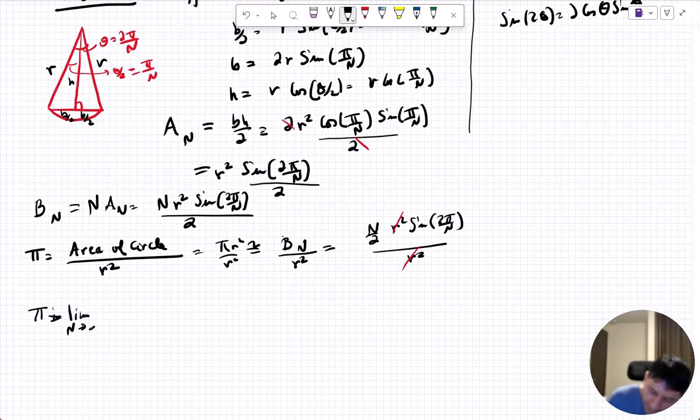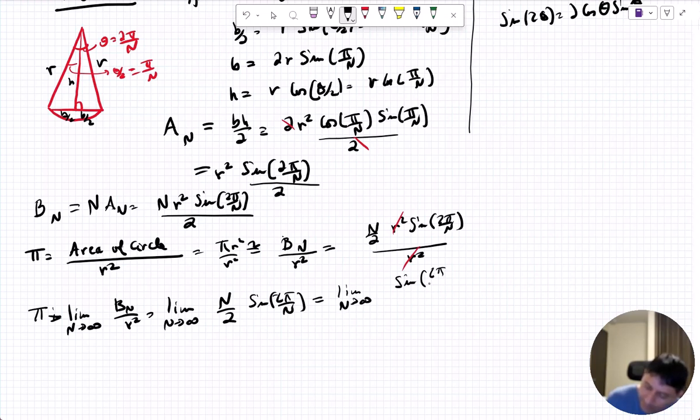as capital N goes to infinity of bn over r squared, which is equal to the limit as capital N goes to infinity of n over 2 times sine of 2 pi over n. Which in this case is equal to the limit as n goes to infinity of sine of 2 pi over n divided by 2 over n.